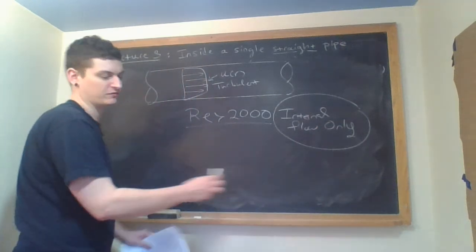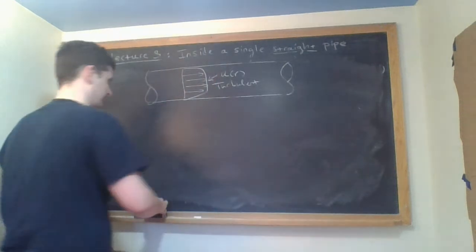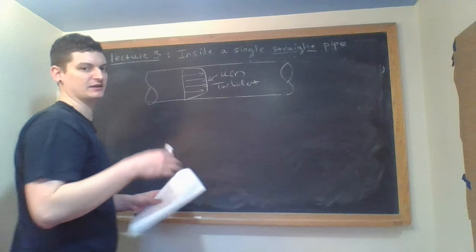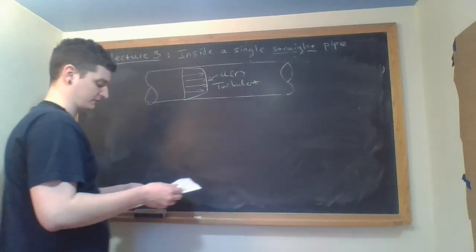Don't use this for external flows, but I'll iterate that quite a bit to you. For flow inside a straight pipe, the 2000 mark is what we see to be how to categorize it being turbulent or laminar flow.